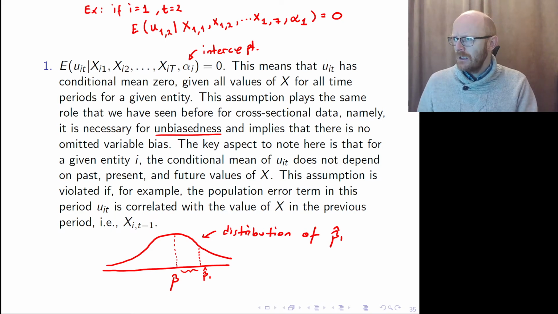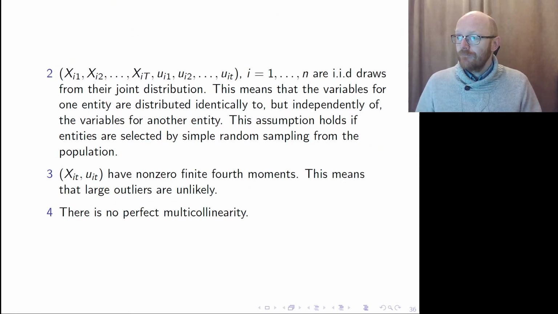Okay, and the second assumption is that for each i, for each entity, the draws from the x variables and the residuals are independently and identically distributed draws from a joint distribution.